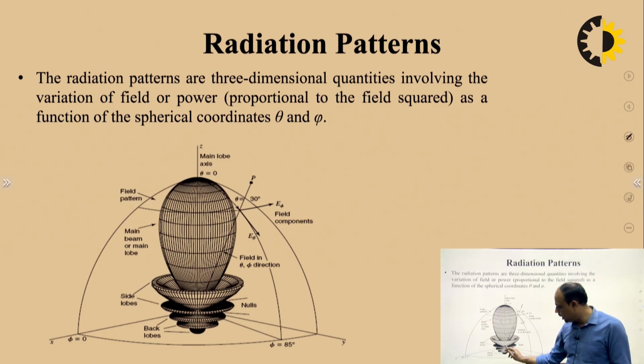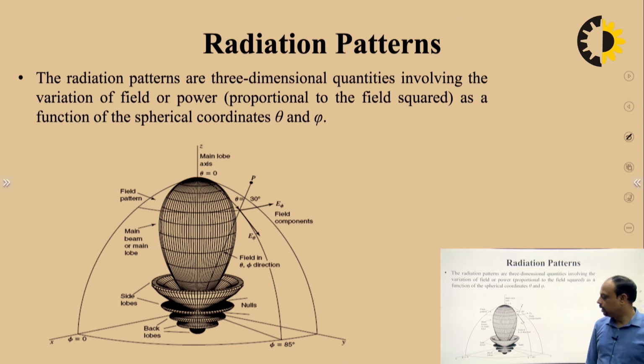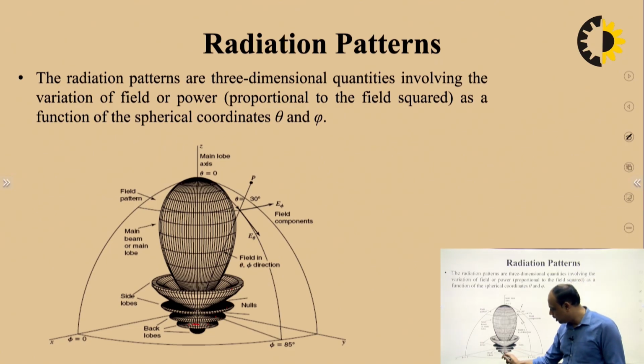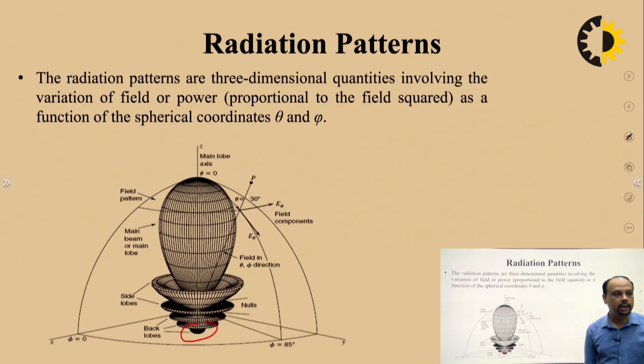If we put the antenna at the center of this coordinate system, we have radiation at theta equal to 0, the z direction, and this is known as the main lobe of the transmitting antenna. These are known as the side lobes, and at the very back this is known as the back lobe of the transmitting antenna.